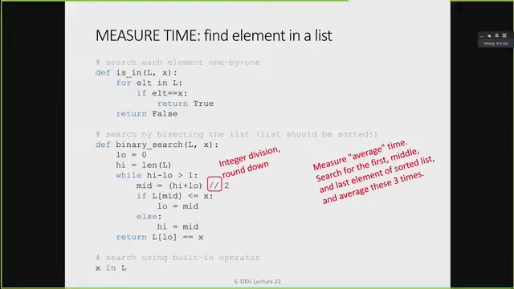It would be unfair if we just asked Python to pick a random number and ask whether that element was the one we're looking for. So instead, we're going to take an average for each one of these three functions, just to make it fair.